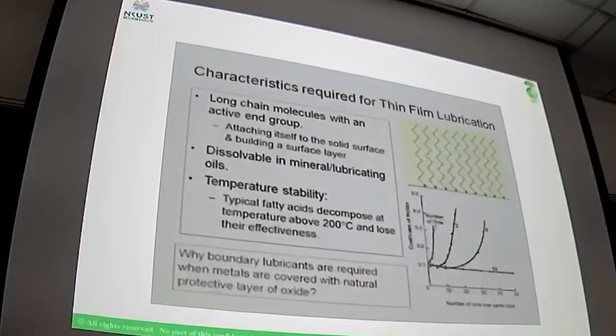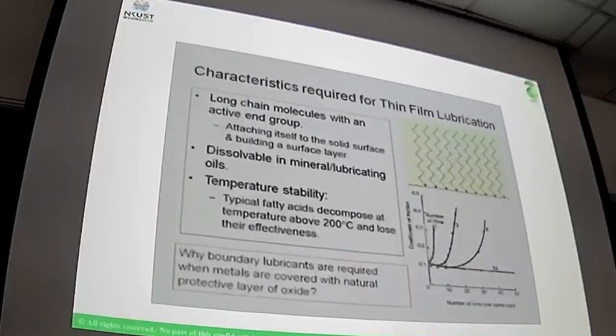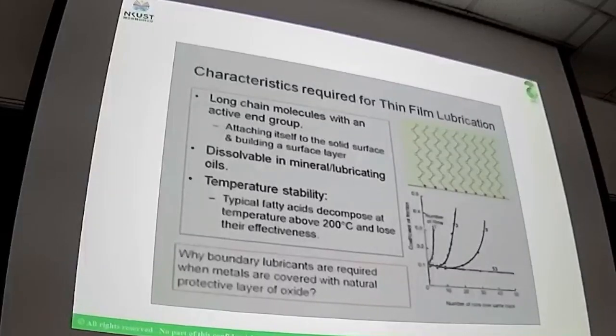It is dissolvable in mineral oil or lubricating oil. It also requires temperature stability.